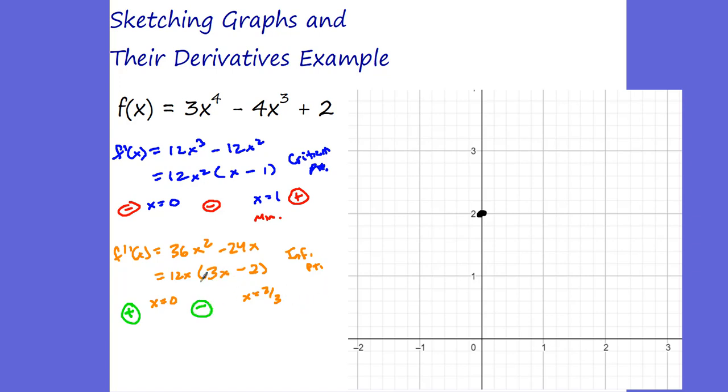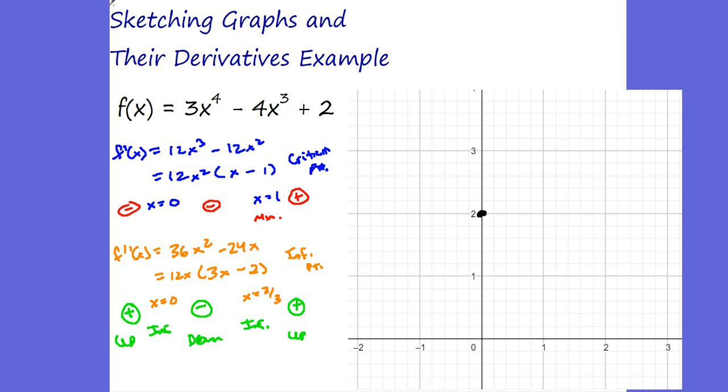If I plug in a number like 1, I am going to get positive values when I plug it in this second derivative function, which means here we are concave up, here we are concave down, here we're concave up, which means I have inflection points at both values. Inflection point right here, inflection point at each of these two values.